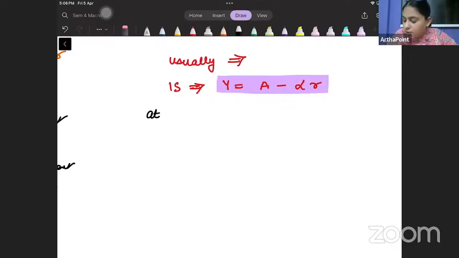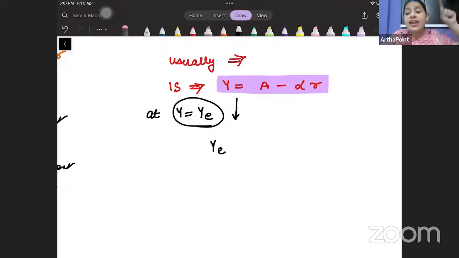But when our output is at the full employment level of output, at the equilibrium level of output, then at that point we will say YE. And at that level of output, the interest rate that will exist in the economy will be called RS.